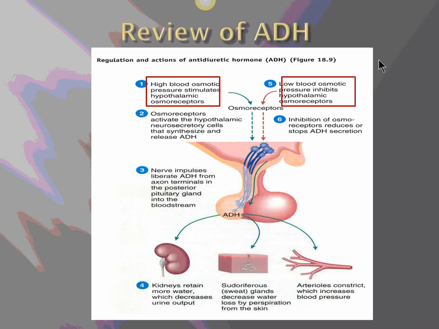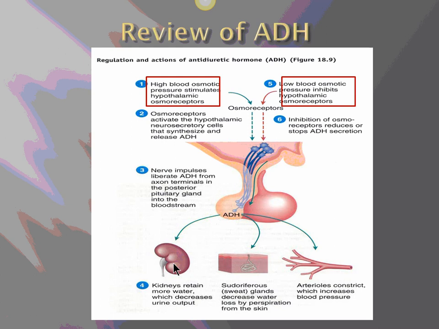And for ADH, you can see the review up here. So let's look at what causes its release. There's high blood osmotic pressure. That means there is less fluid, more solute, so the osmolarity increases. In the hypothalamus, there are these osmoreceptors. They sense that and cause the hypothalamic cells to begin production of ADH, which travels and gets stored in the posterior pituitary and is then liberated from there.